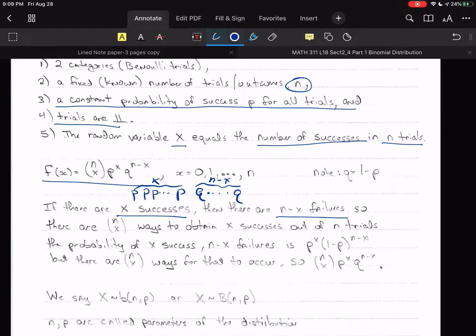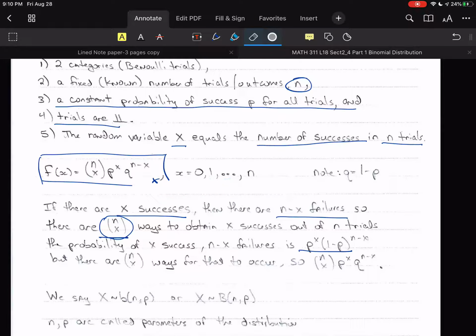And so the probability of getting any one of these combinations of x successes and n minus x failures is going to be p to the x, q to the n minus x. There are going to be n choose x ways to order them or to choose that many. We don't care about the order here. We just care about the combination. So there's n choose x combinations, ways to do this. So when we take this times this, we get our distribution function.